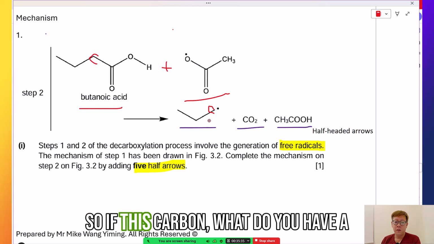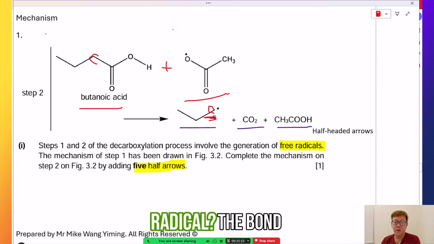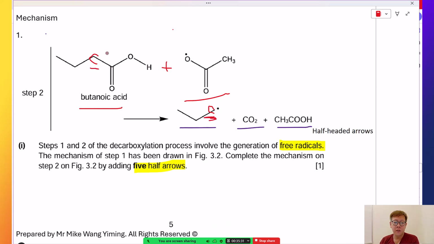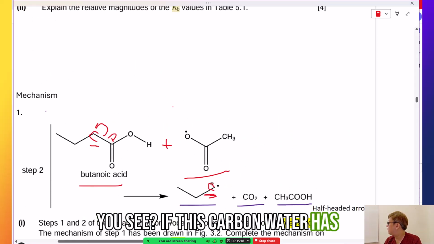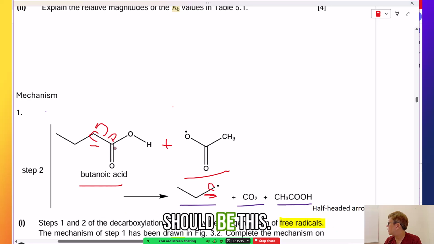Follow? So if this carbon were to have a radical, the bond that break should be this. Agree? Right?